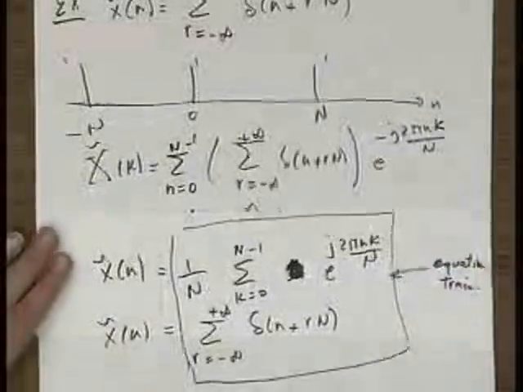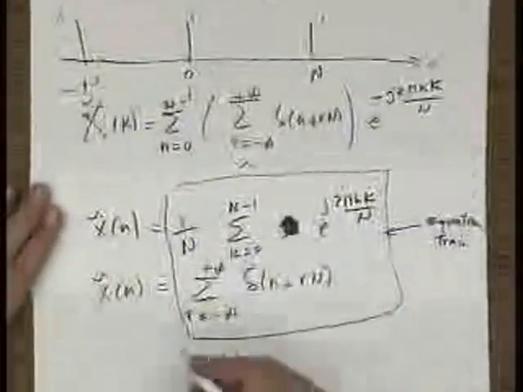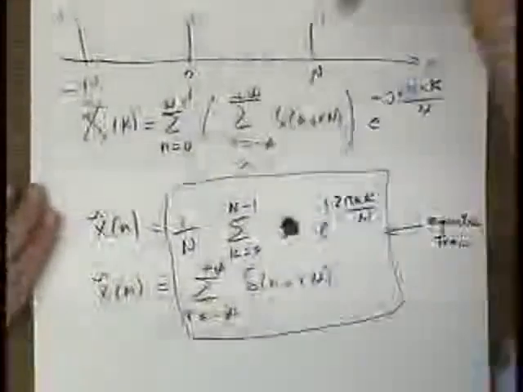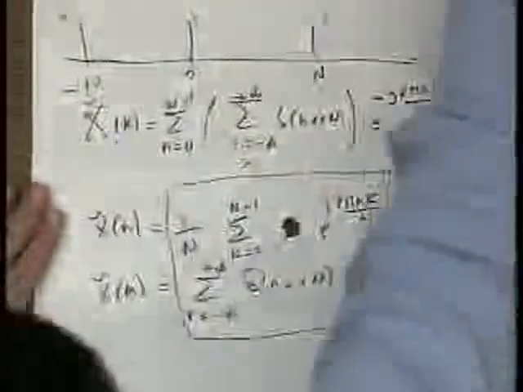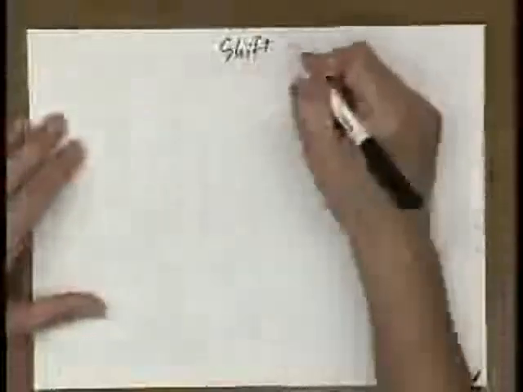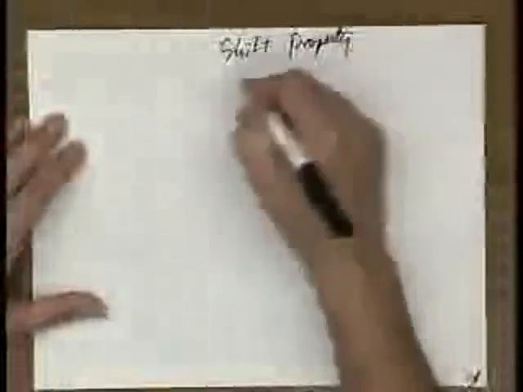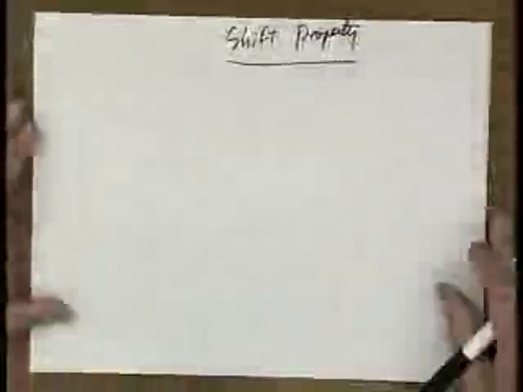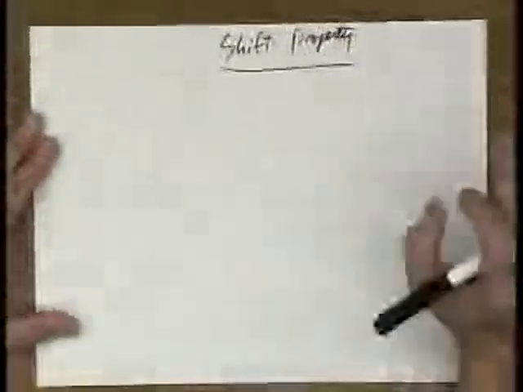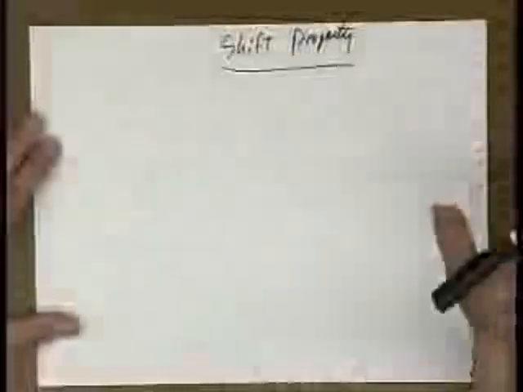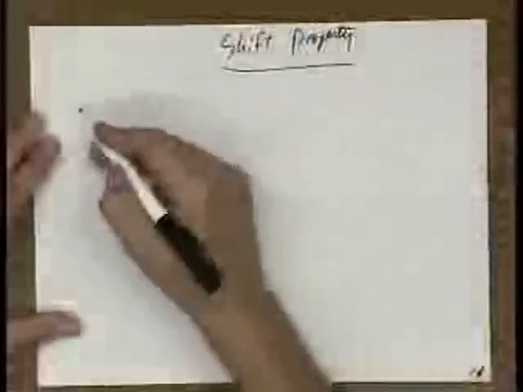All right. So let's move on to the shift property now. Let's go over some of the basic properties of the discrete Fourier series, and these are very, very simple. So I won't go over deriving them, but I think it's important to just state them because in next time's lecture we're going to use them.